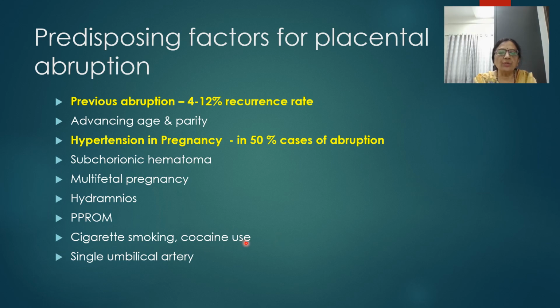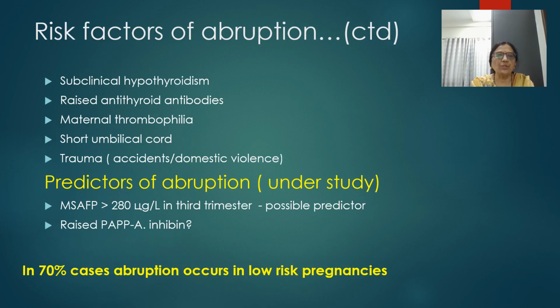Cigarette smoking and cocaine use are risk factors, and single umbilical artery is also a risk factor for placental abruption. Other risk factors are subclinical hypothyroidism and raised antithyroid antibodies. Maternal thrombophilia is an emerging one, which is being studied quite extensively as a risk factor for abruption. Others are short umbilical cord, and trauma in the form of accidents or domestic violence.